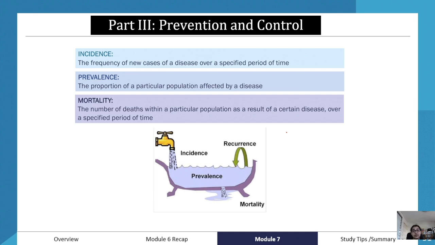So the prevalence of COVID-19 would be everyone who has had COVID-19 since the beginning of the pandemic, for example. And mortality is the number of deaths within a particular population as a result of it. COVID-19 mortalities differ worldwide, but we look at them globally, nationally, and also based on different states.